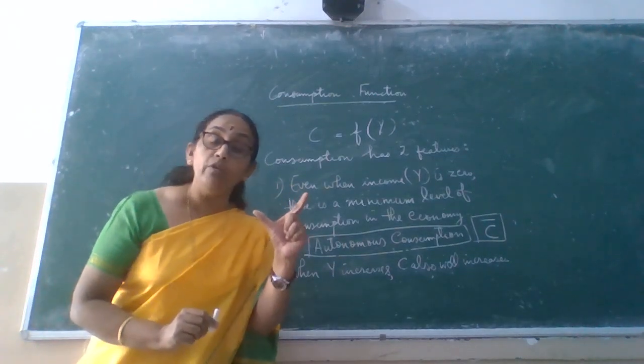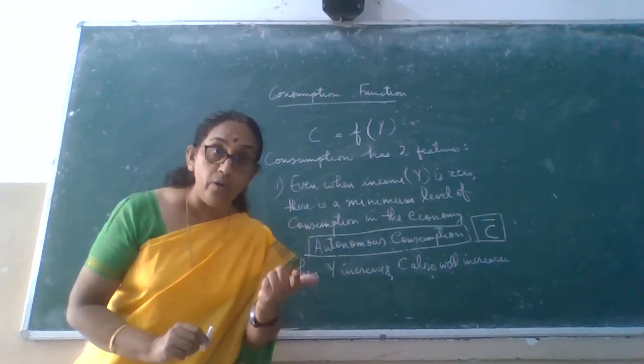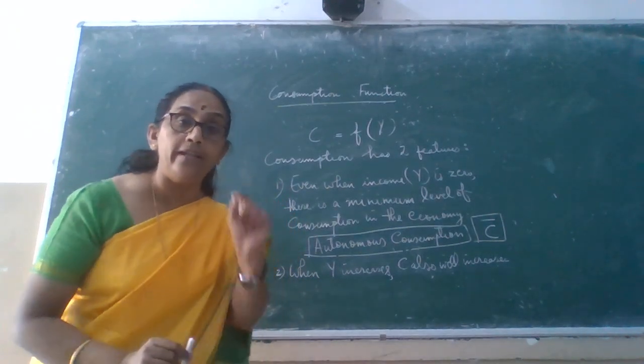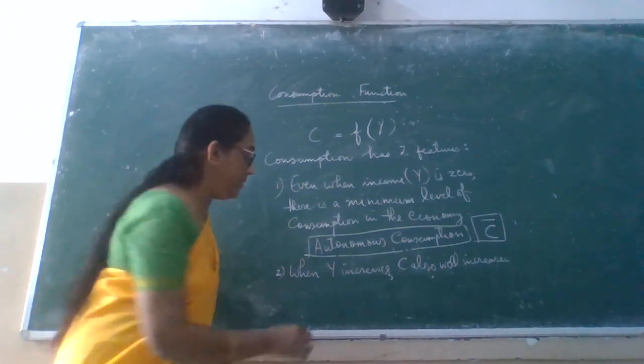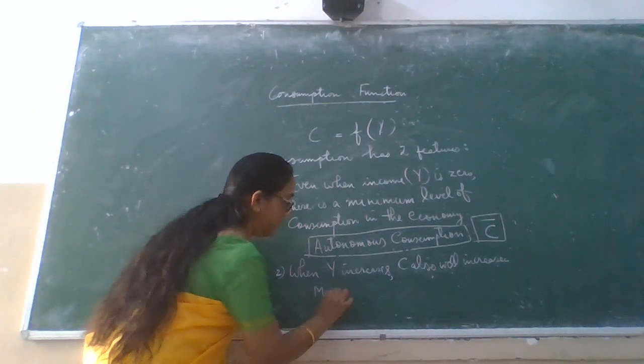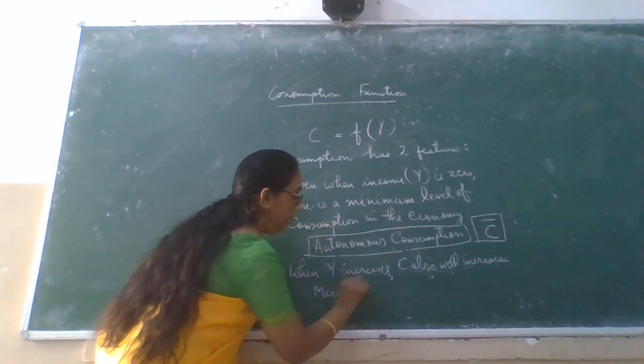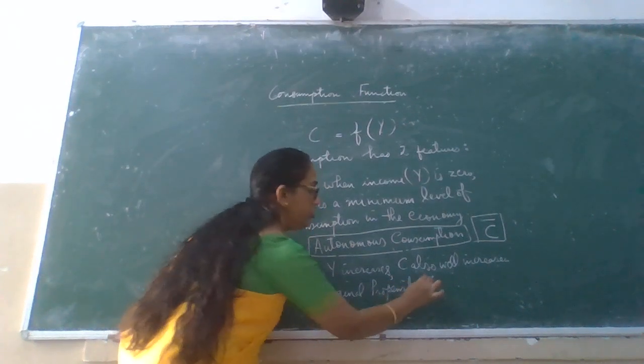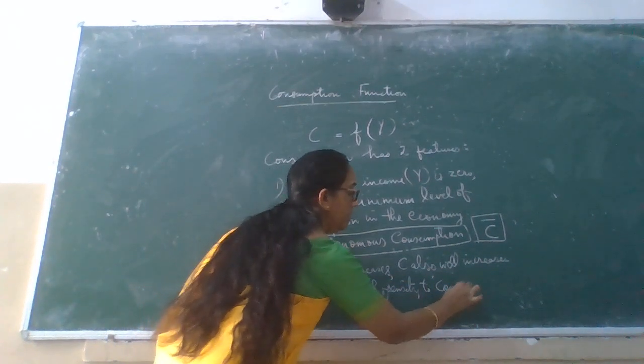And how much money the economy will spend on consumption when their income increases depends on a factor called MPC. MPC means marginal propensity to consume.